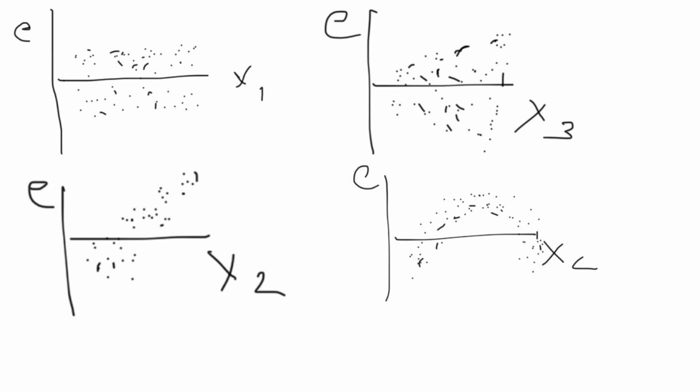Here we've got, obviously, it underpredicts and it overpredicts. That's no good. And then finally in the bottom right here, we've got a curve. You don't want a curve. What you want is the top left there, x1, which is something where you don't have any relationship between the residuals and the x value. Okay?